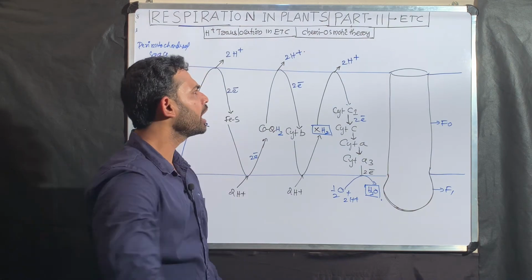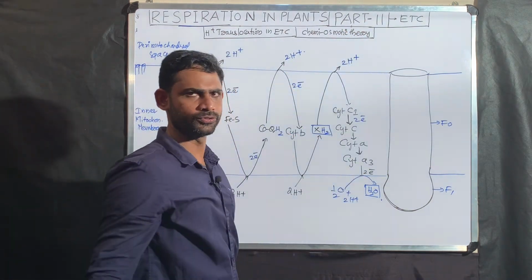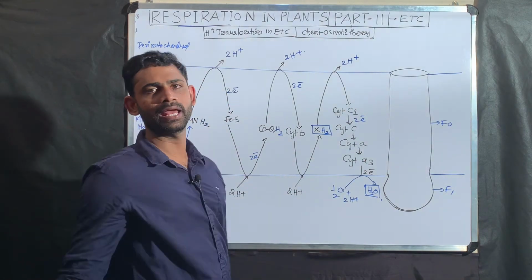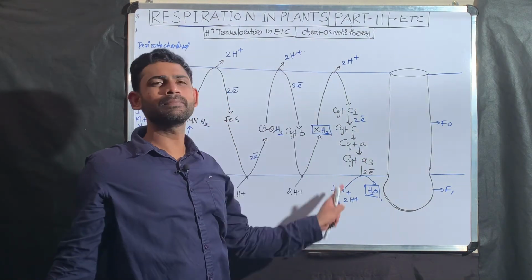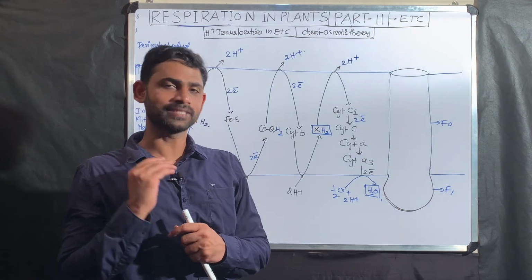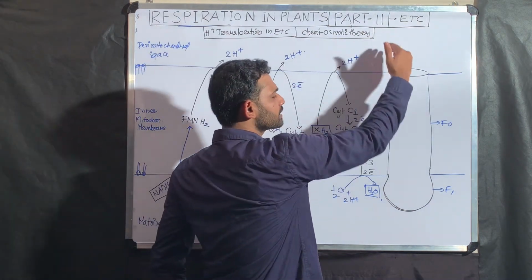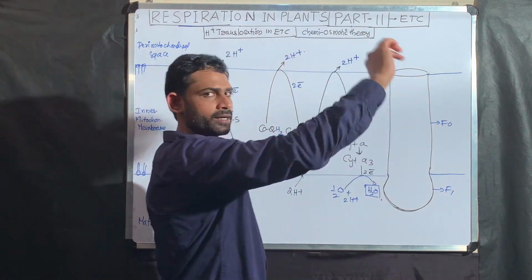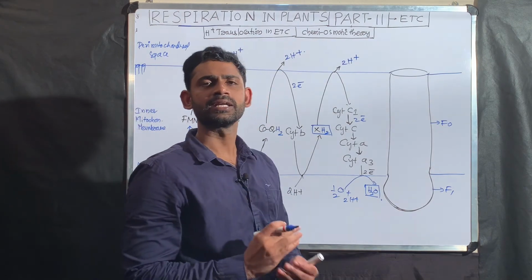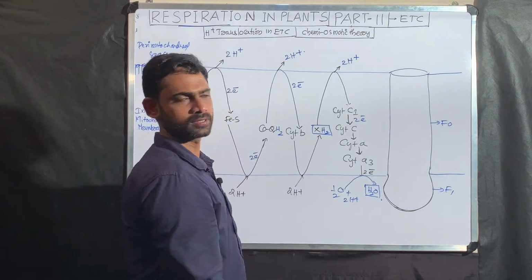Now these accumulated protons cannot directly cross the inner mitochondrial membrane, because, as we know, the inner mitochondrial membrane is impermeable to protons. That is why the only channel for these protons to come back is the FO particle, that is, complex 5. What I said, the FO particle is a transmembrane channel for the protons.